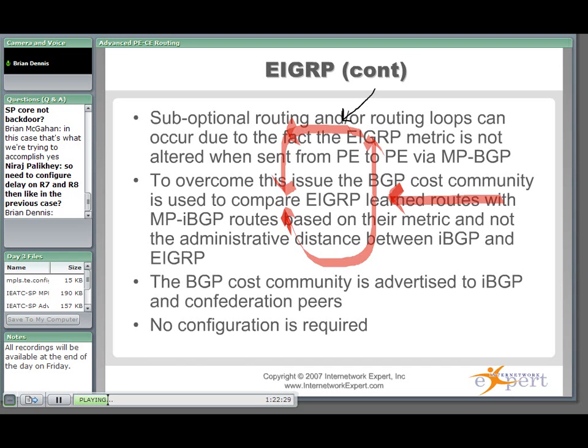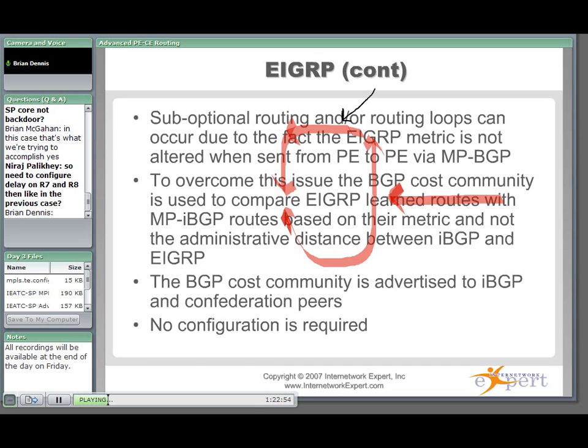We may do a little bit of delay. You may want some routing to the backdoor link, possibly, but more than likely you don't. You probably just want to offset the delay so that you always choose the path across the MPLS VPNs, so that you don't choose your backdoor link.